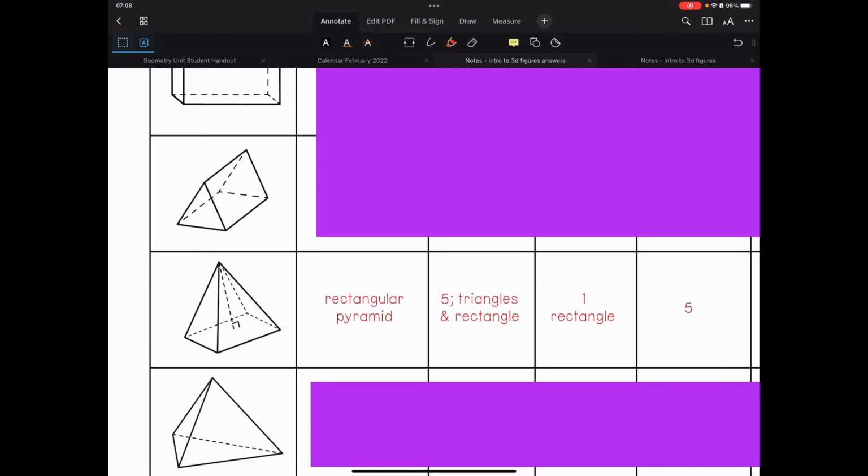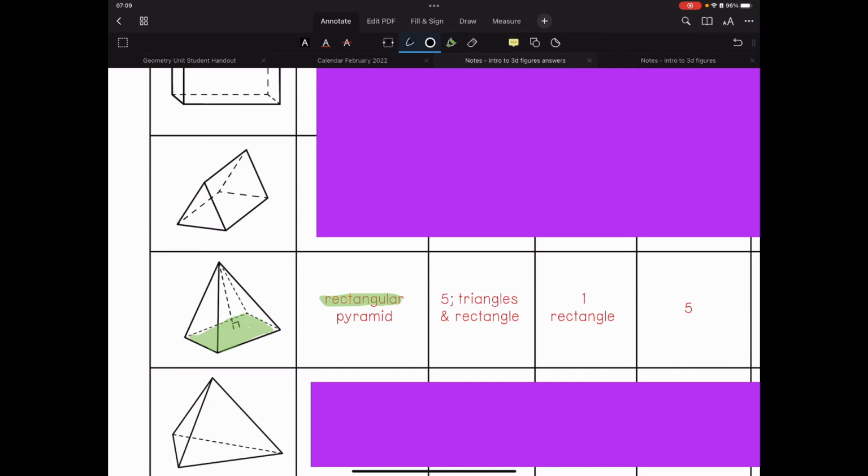As you recall from the previous page, a pyramid will have one base, and that would be this part here. There's our one base, and you can see, look, it's a rectangle. So that's where we get the rectangular part of the name. And the height of the pyramid forms a right angle.